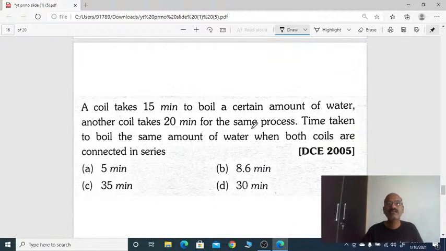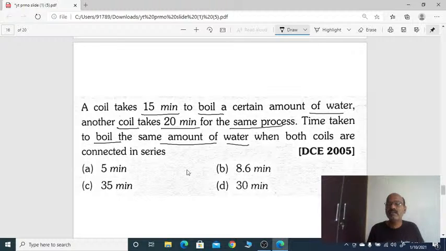Here it is. A coil takes 15 minutes to boil a certain amount of water. It takes 15 minutes to boil. Another coil takes 20 minutes for the same process. Now, time taken to boil the same amount of water when both coils are connected in series.